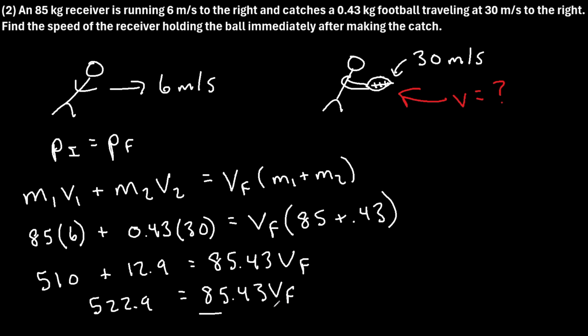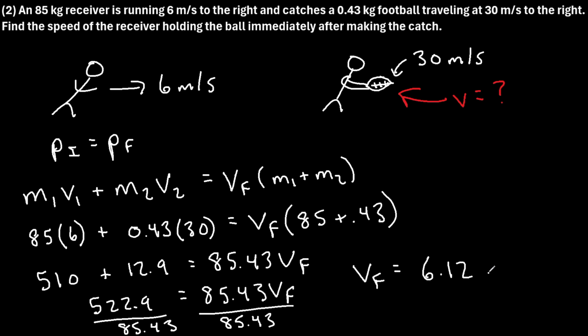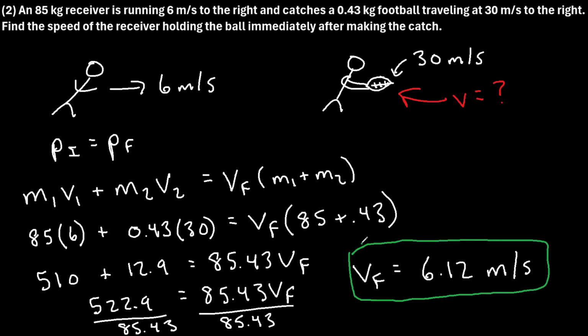To solve for the final velocity, we'll just divide both sides by 85.43. And our final answer, the final velocity, ends up being 522.9 divided by 85.43. That comes out to about 6.12. And we're talking about velocity, so we'll say meters per second. So this is the final velocity of the receiver holding the ball.